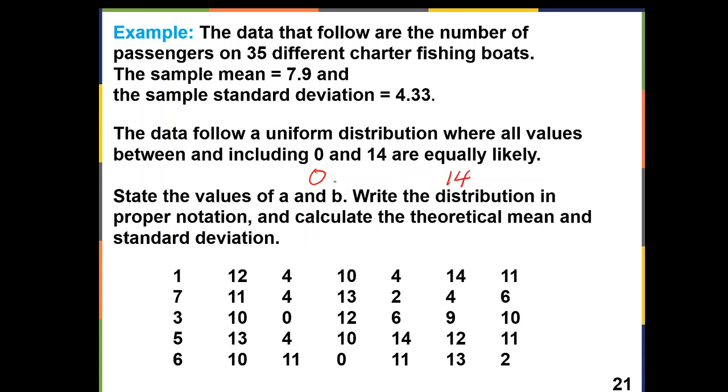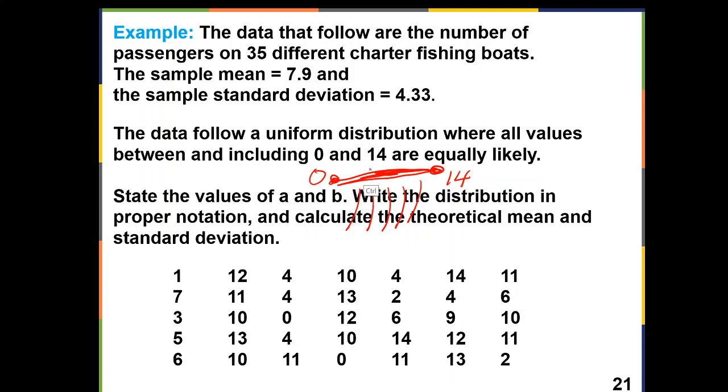So it could be any number from 0 all the way to 14, right? So x could be any number here. Now, what they did, they randomly picked integers from the numbers from 0 to 14, and they got these numbers right here. So it says state the value of A and B, write the distribution in proper notation, and calculate the theoretical mean and standard deviation.